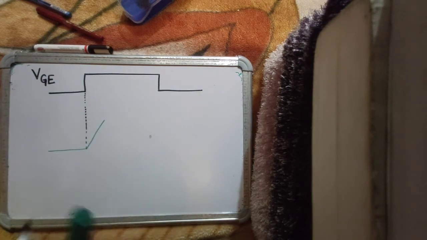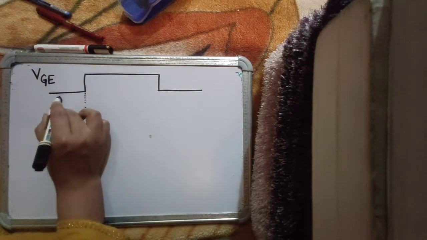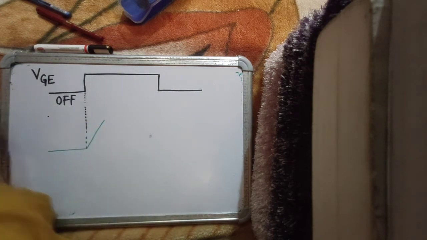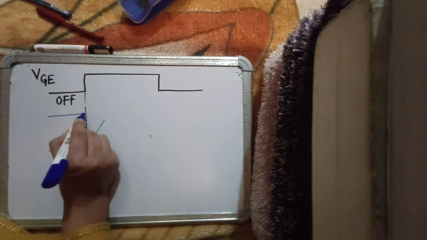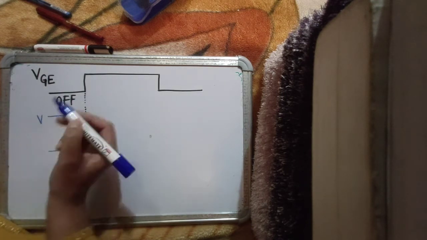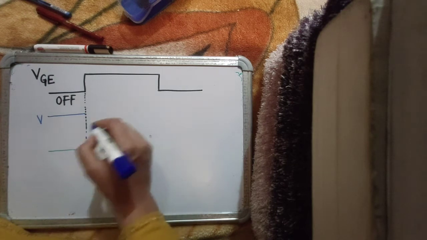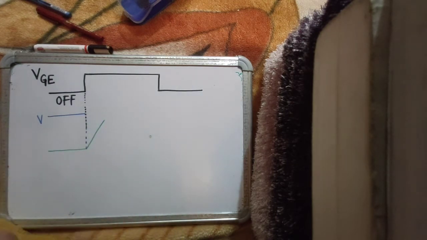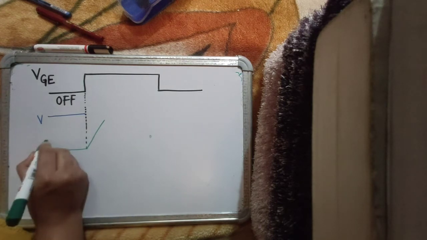And at the same time, though there was voltage, because previously the device was off, so it was blocking some voltage. Say it was blocking some voltage, let's call it say V, and then it was not carrying any current. Initially the current was zero.